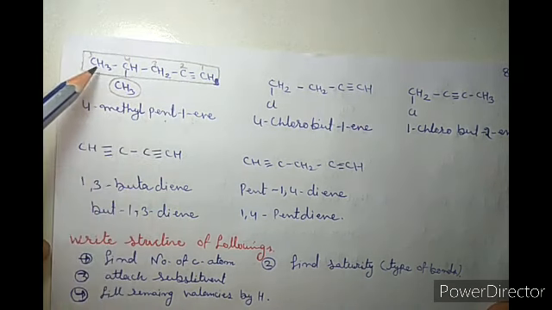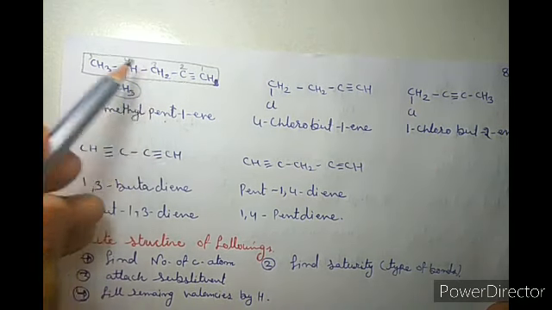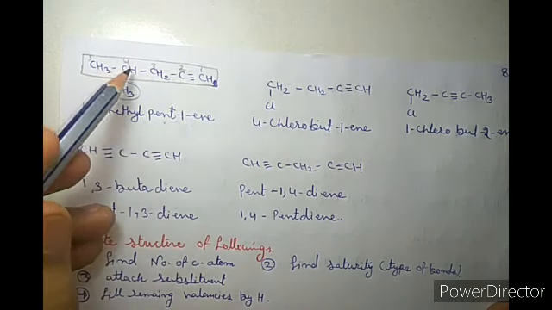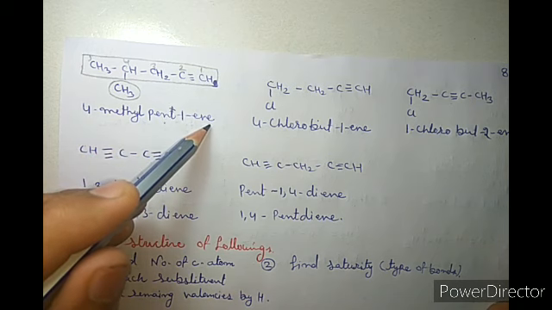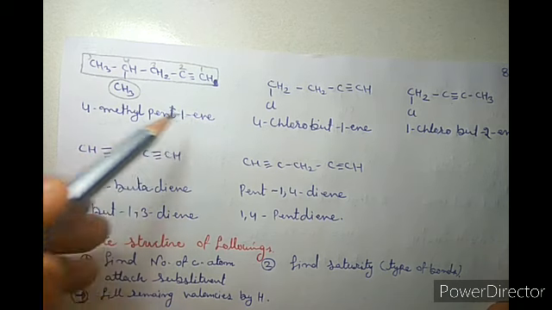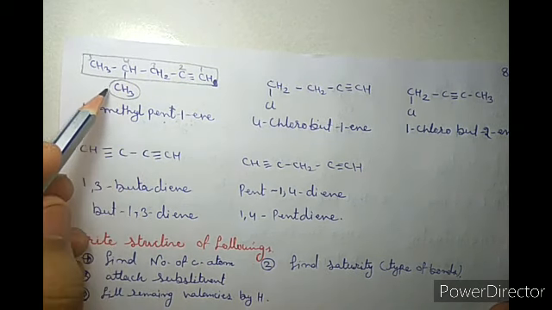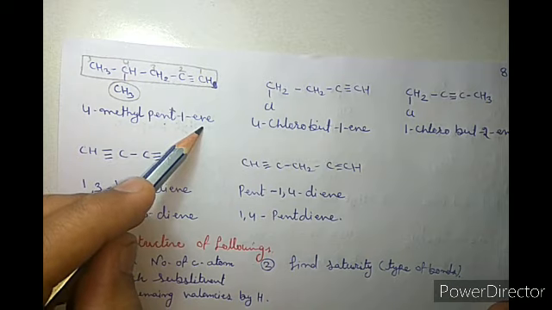Now 5 carbons, for 5 pent. The triple bond is present on the first carbon, so that is 1-yne. So the name becomes 4-methylpent-1-yne. Got it?